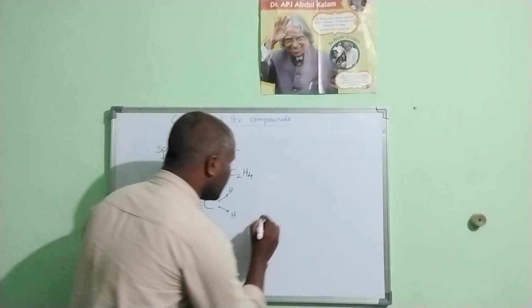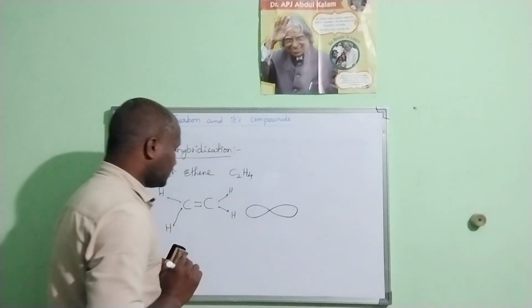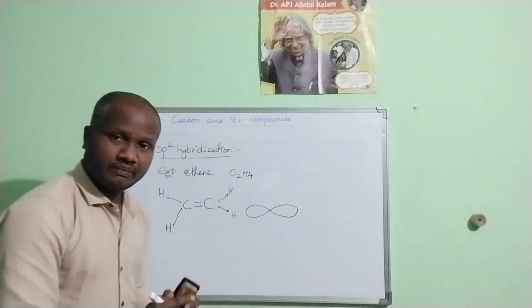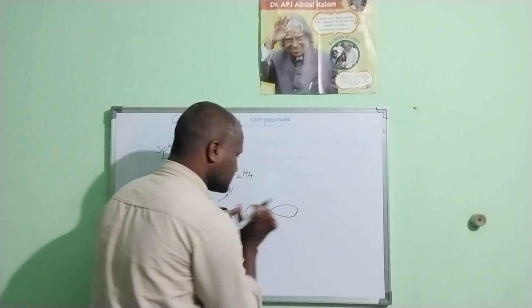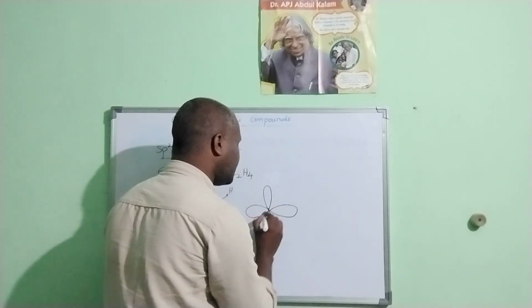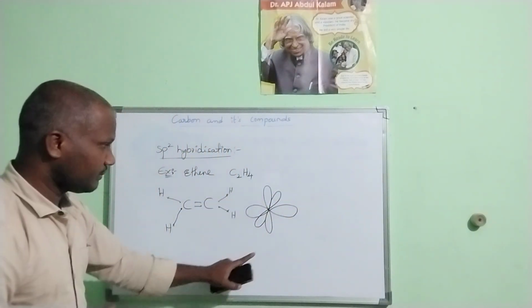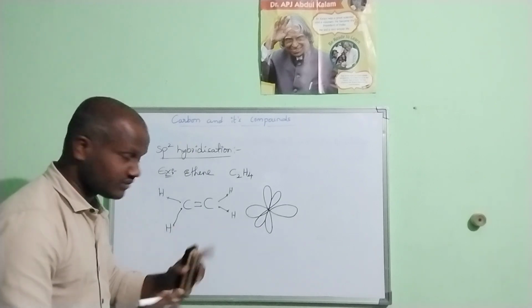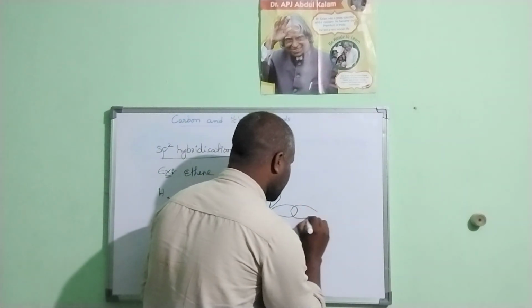Same structure if we apply, we all know that the shapes of the px orbital, py orbital, pz orbitals are dumbbell in shape. If we consider this as px orbital, and this is py orbital and pz orbital, total 3 p orbitals. But how many carbons do we have? 2 carbons. So we have to consider one more carbon, that is the second carbon.